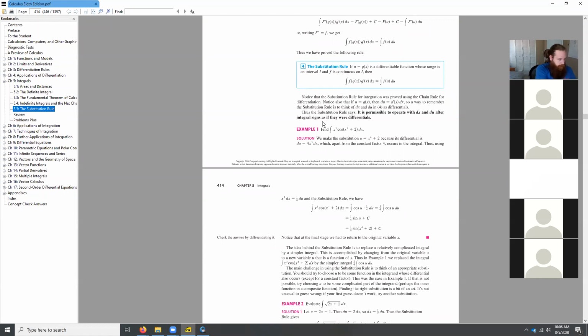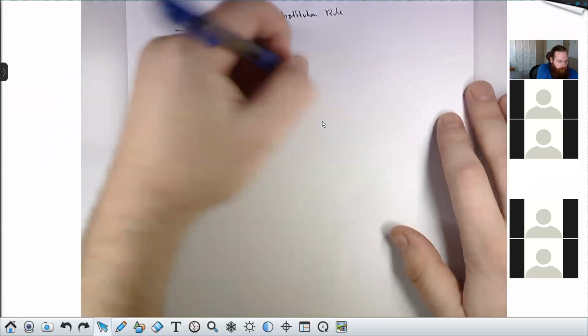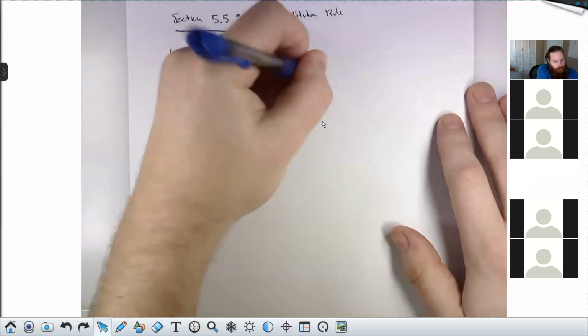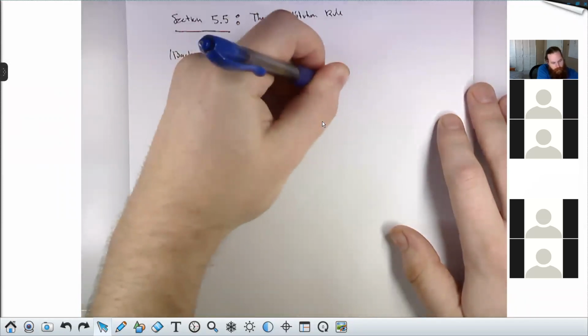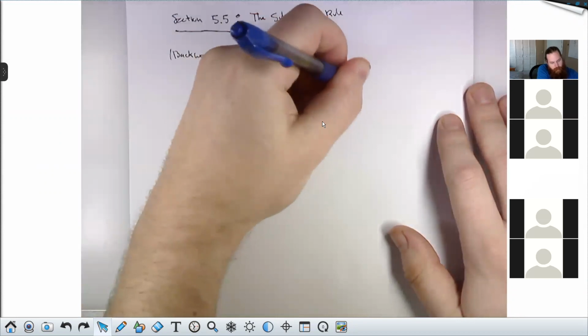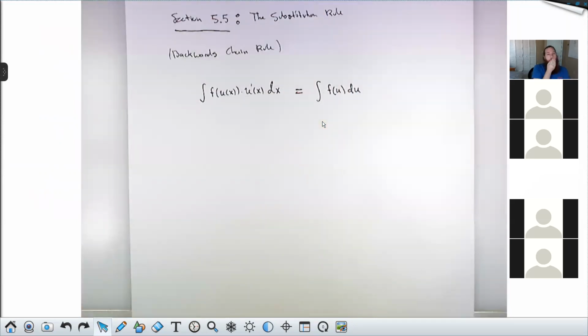So let me come back here. This we can think of as the integral of f of u du. That's the idea. So in other words, this piece is like du, and this piece is f of u. So you can make a change of variables.